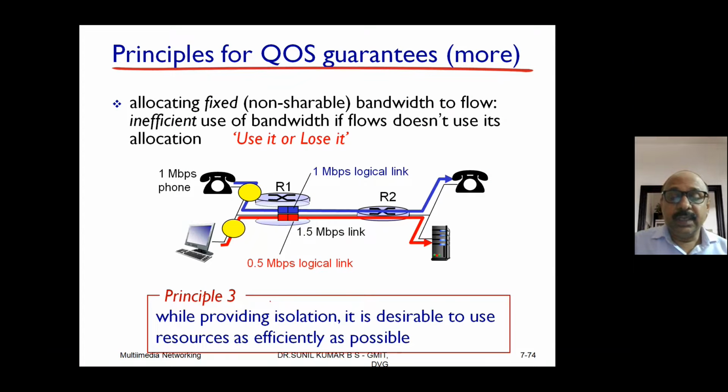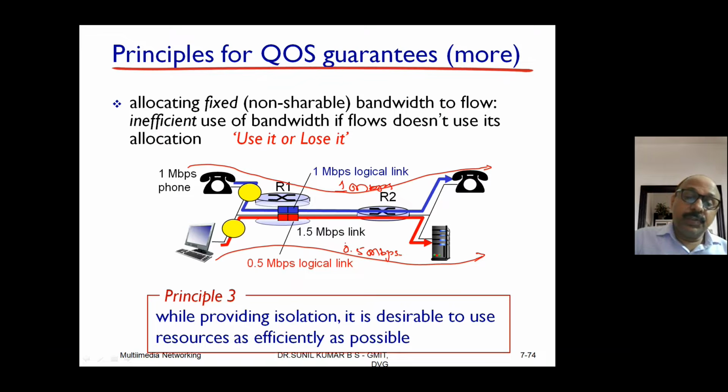Now the question is, even if you do that, there are possibilities that when you are transmitting the packets in this way and in this way, I have told you 1 Mbps is the requirement here, and here it is 0.5 Mbps.